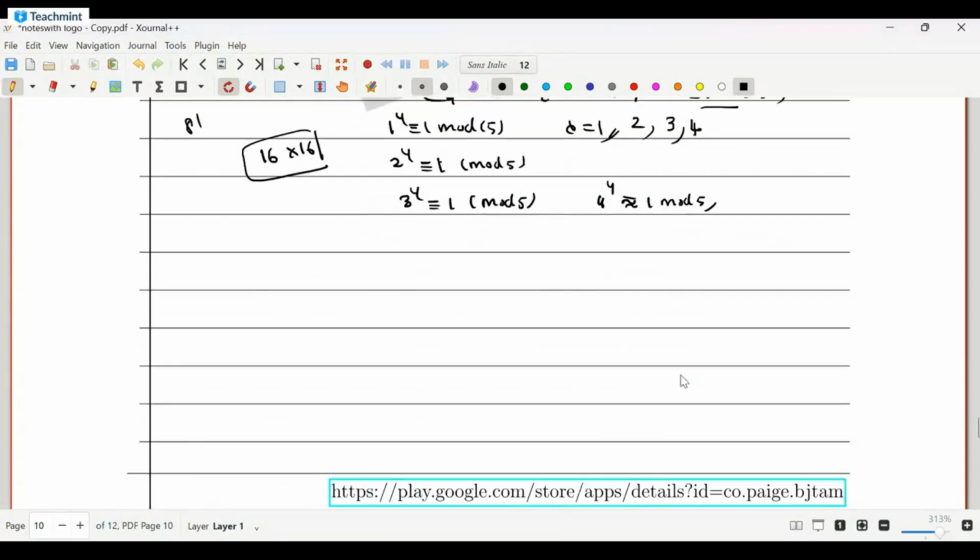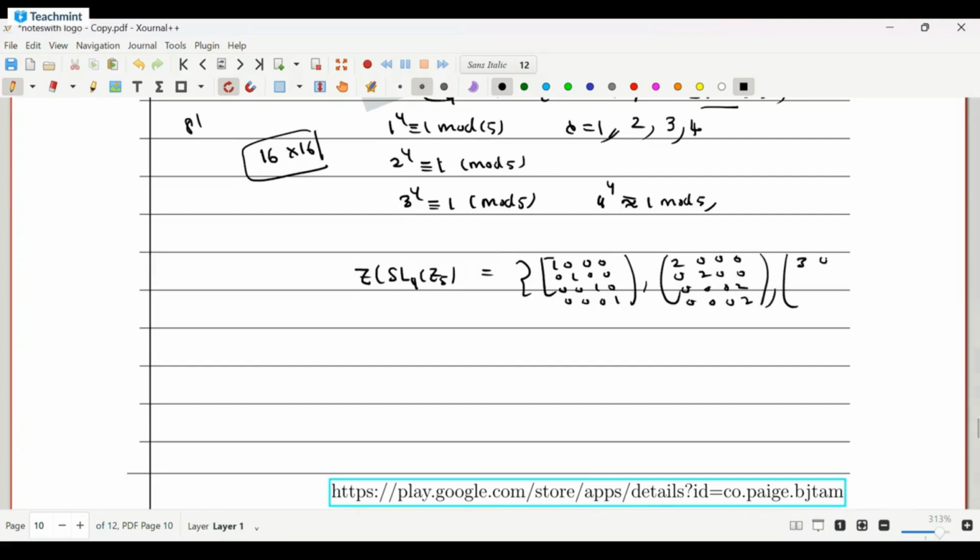Therefore Z of SL4 of Z5 is equal to the following elements, 4 by 4 matrices: the identity with 1 on the diagonal, comma, 2 on the diagonal, and next one 3 on the diagonal. And the fourth one is 4 on the diagonal.